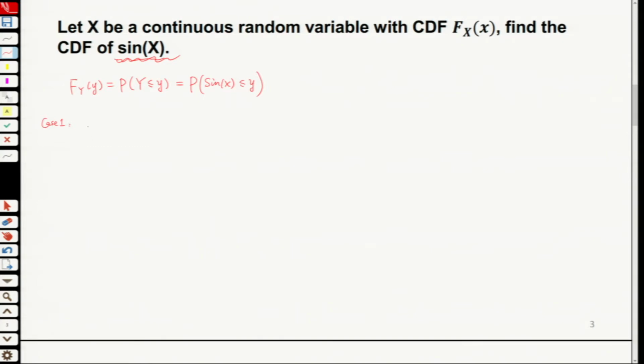So for case 1, what if y is less than -1? Then F_Y(y) equals 0, because sine x could not be less than -1.